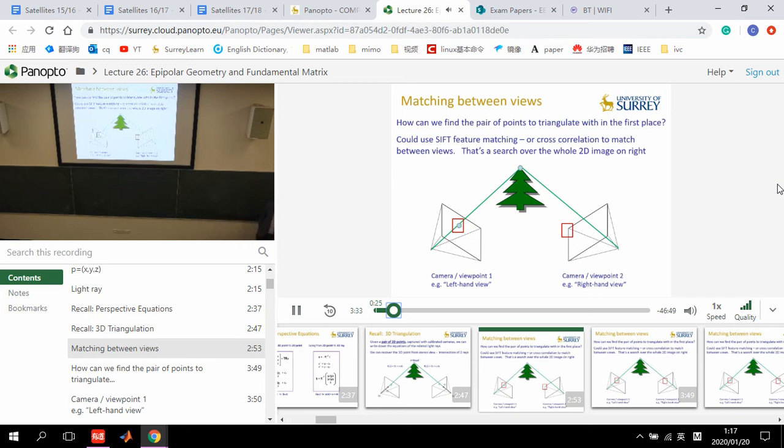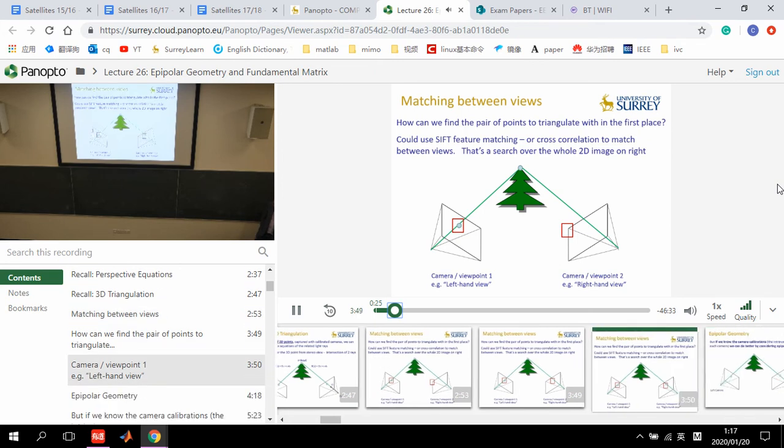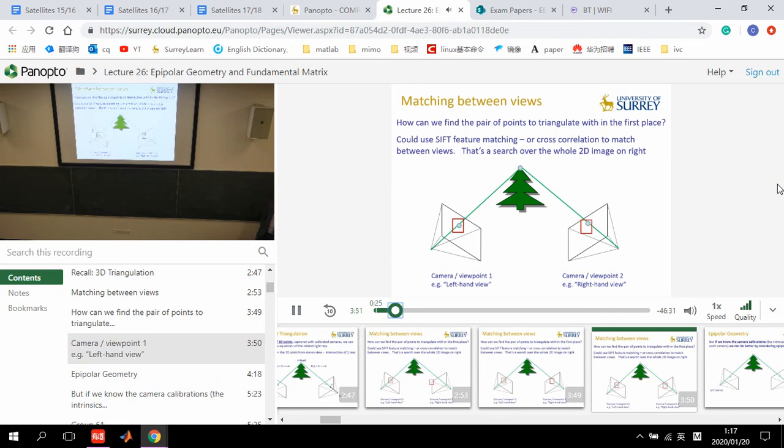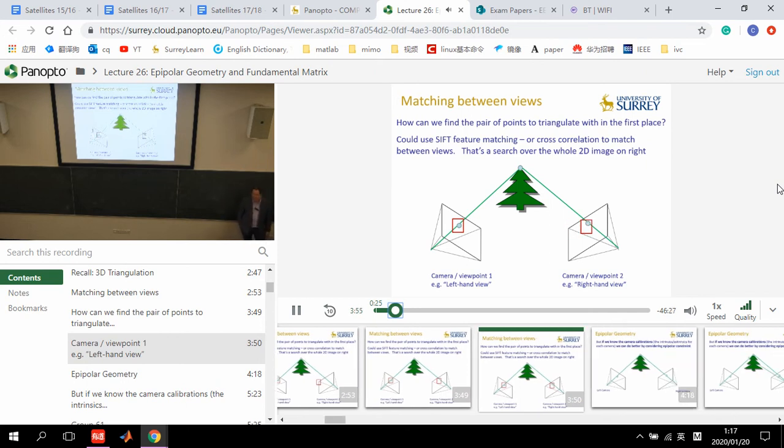A trivial way to do that would be to look at the point in viewpoint number 1, which in this diagram is the left-hand view, cut a window like a little template, and then sweep that window across all possible locations in camera viewpoint 2, and figure out, using maybe something like normalized cross-correlation, the most likely location of that point in camera viewpoint 2. I mean, that would be one way of doing this.